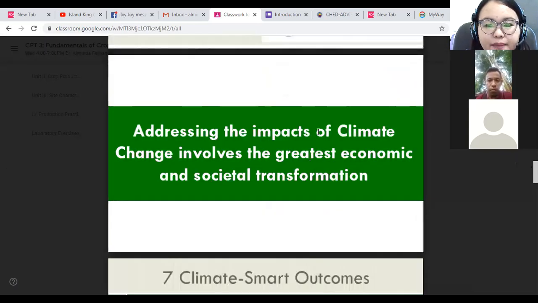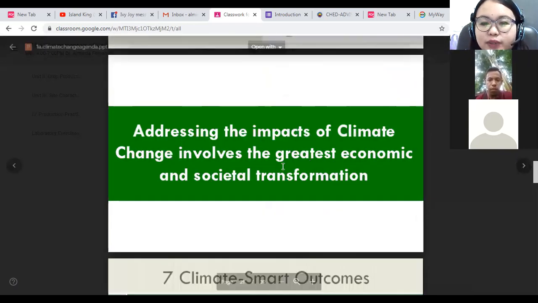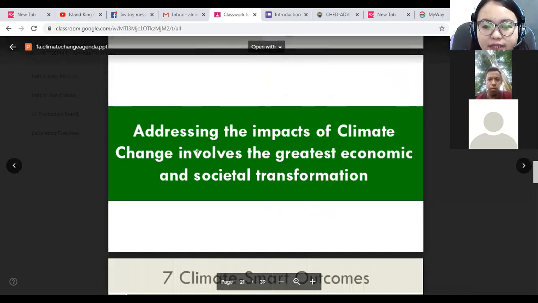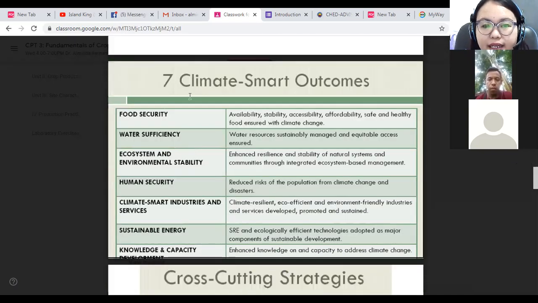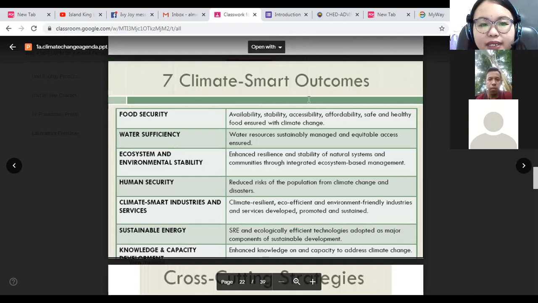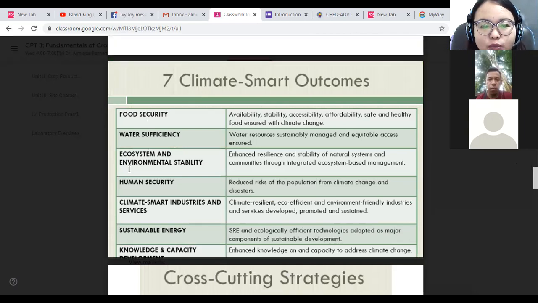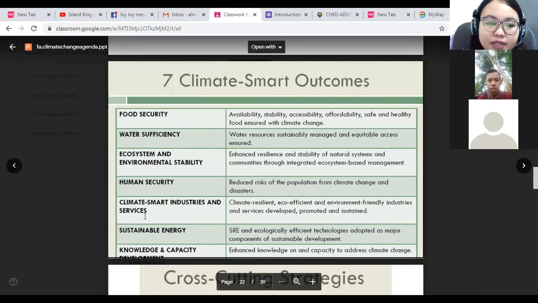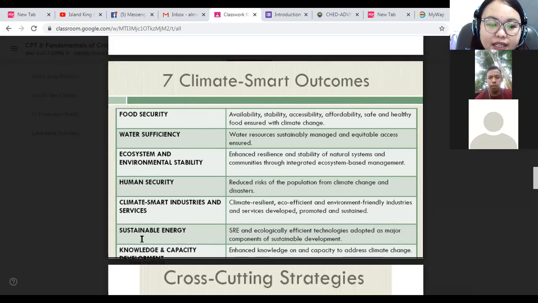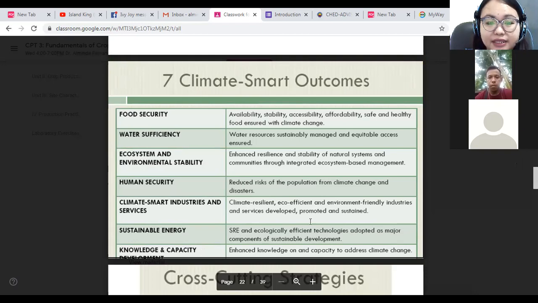Addressing the impacts of climate change involves the greatest economic and social transformation. That's why they came up with the 7 climate smart outcomes: food security, water sufficiency, ecosystem and environmental stability, human security, climate smart industries and services, sustainable energy, and knowledge and capacity development.